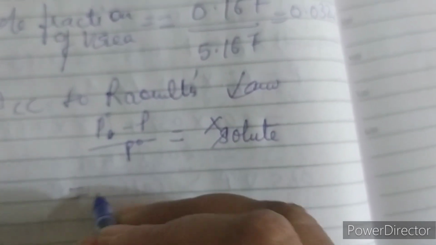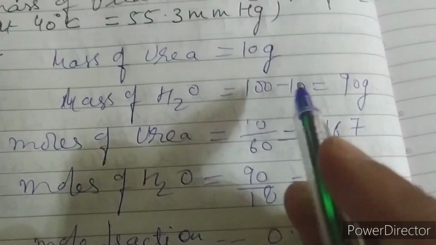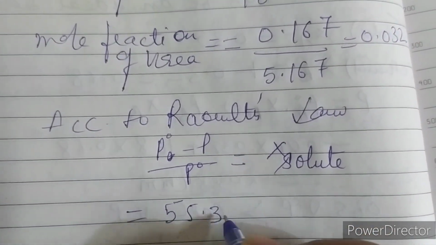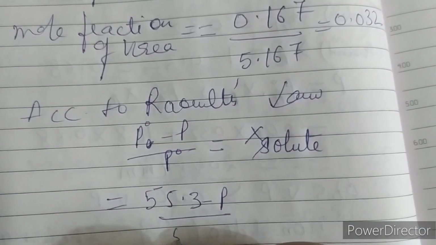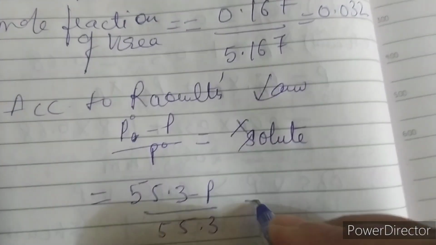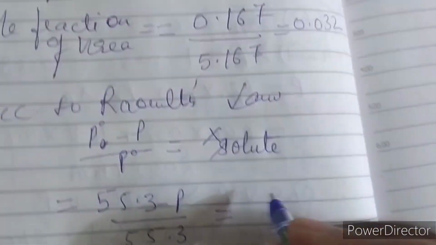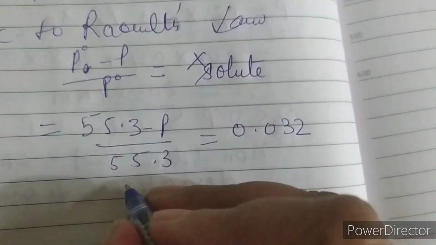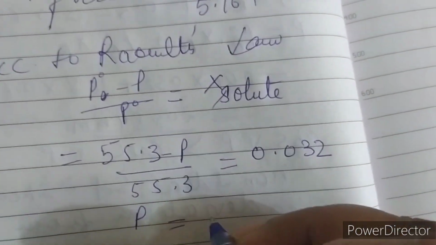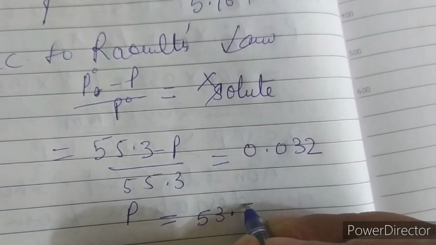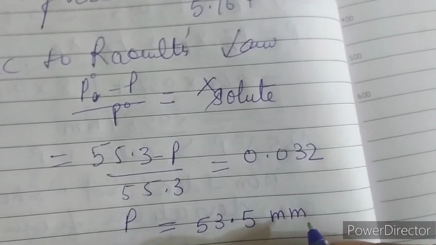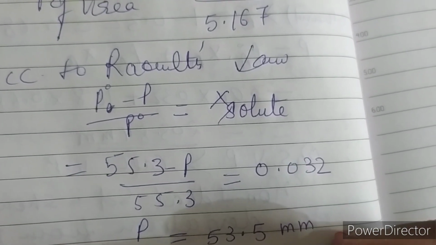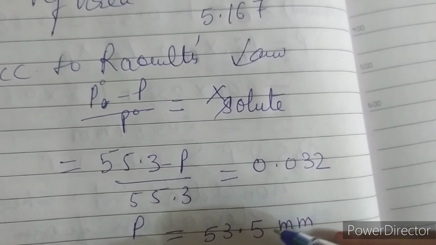So here P naught has been given as 55.3, so 55.3 minus P divided by 55.3 equals the mole fraction of solute that you have calculated, 0.032, and when you calculate this, P will come out to be 53.5 mm. So this is the vapor pressure of the given solution at 40 degrees Celsius.